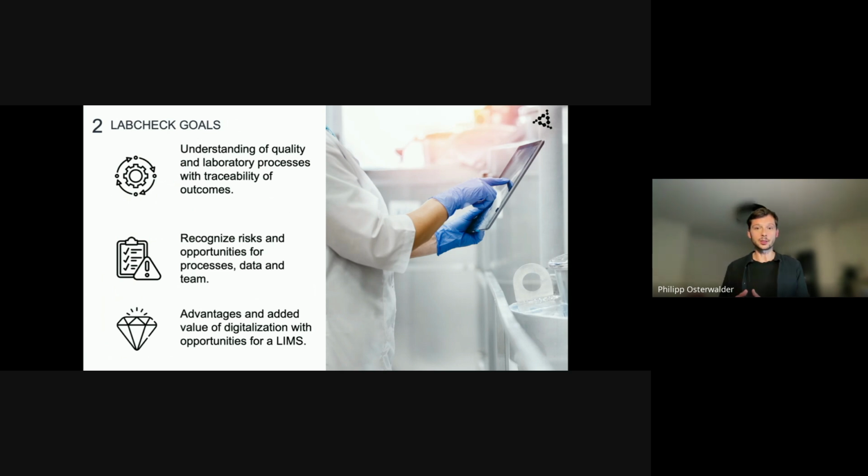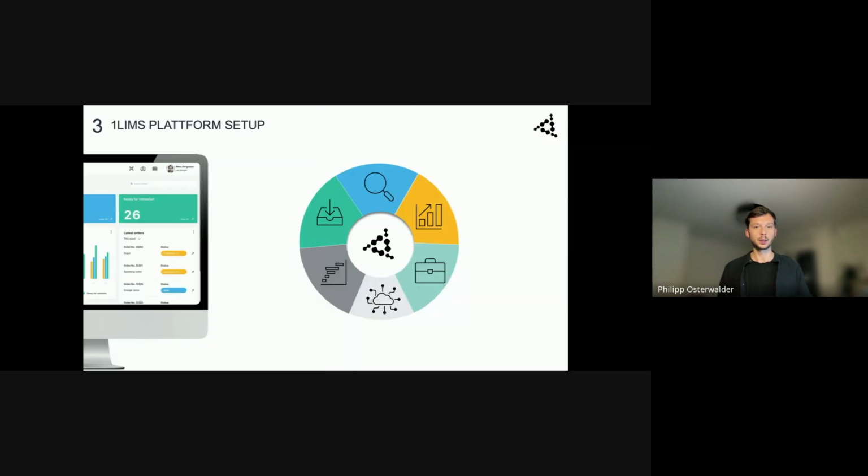But it starts mostly with a lean, configurable LIMS that can be scaled together with the needs and the requirements of this specific laboratory or company. We want to start with just 5 modules, the basic modules.